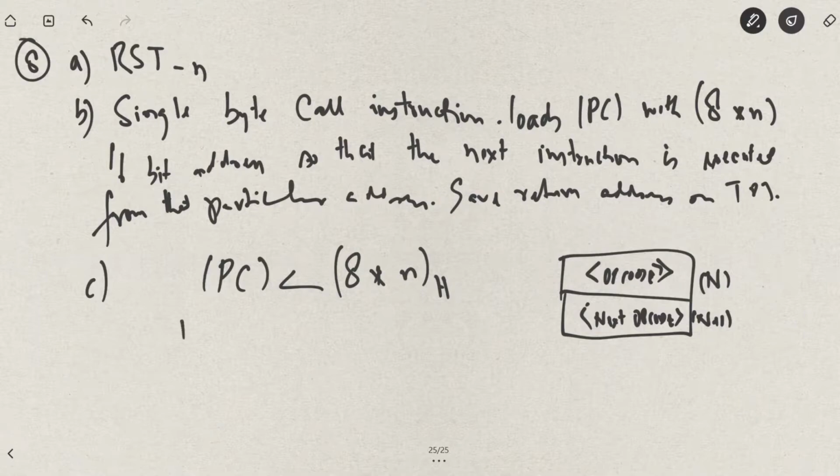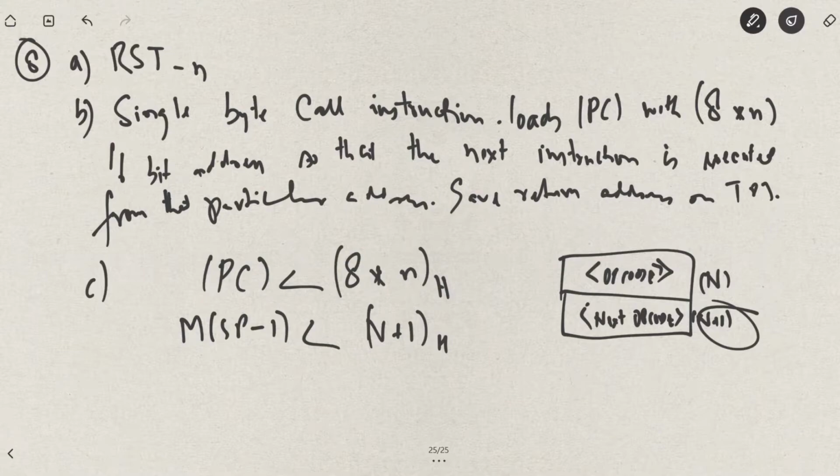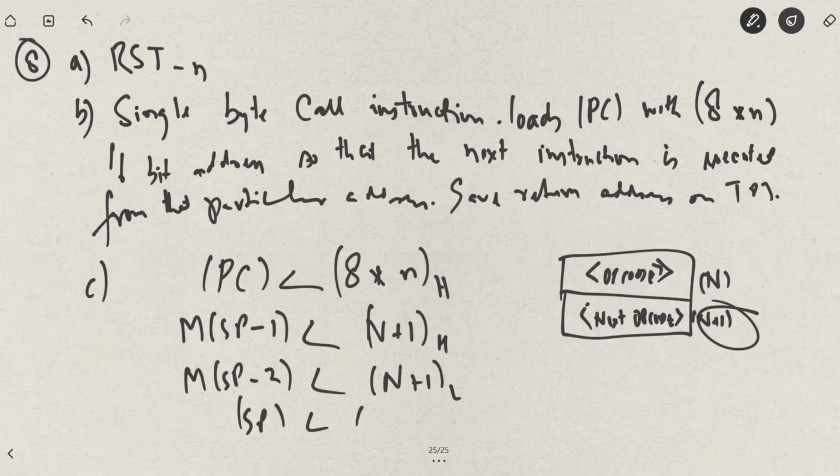The stack pointer will carry the return address, the most significant byte and the least significant byte of this address, and SP becomes equal to SP minus 2.